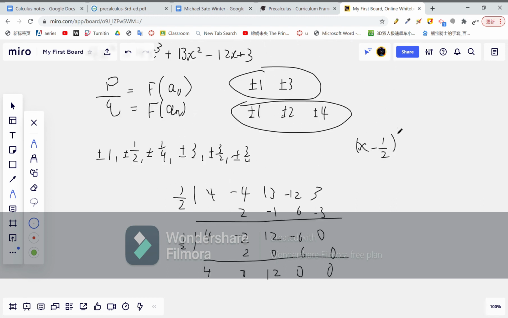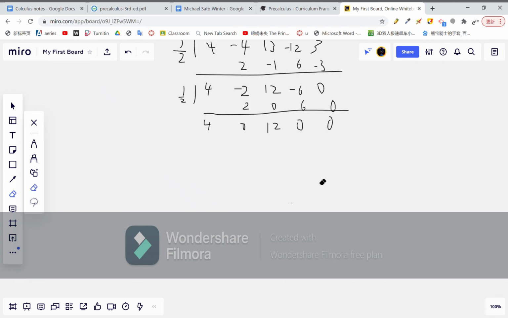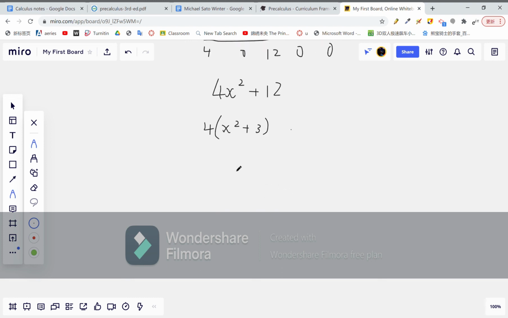After we've done everything, all we have is 4x squared plus 12, a quadratic with x term 0. This factors into 4 times x squared plus 3 by taking out the greatest common factor.